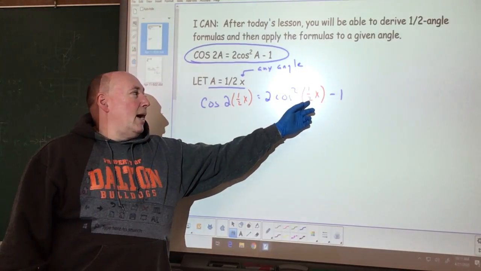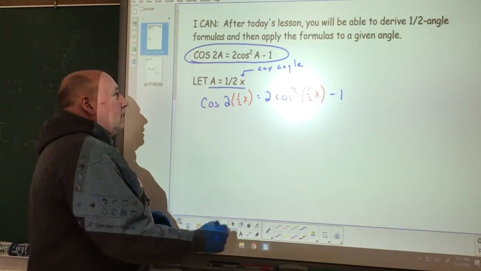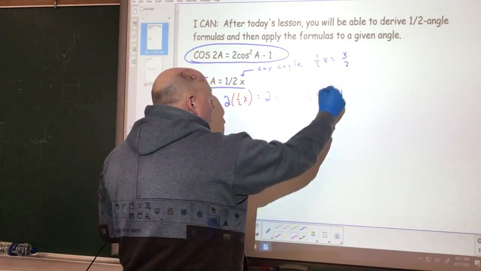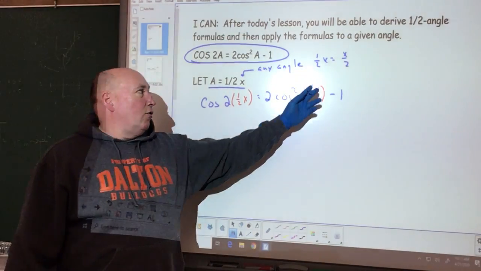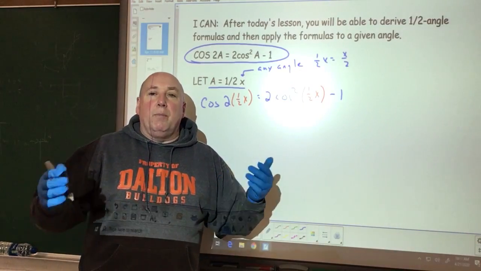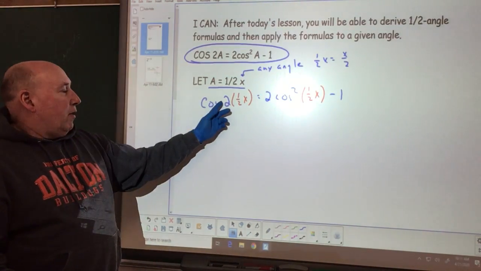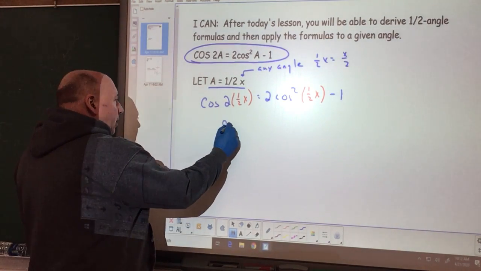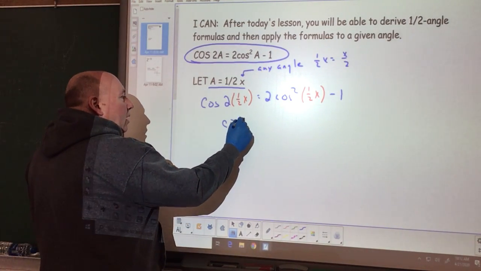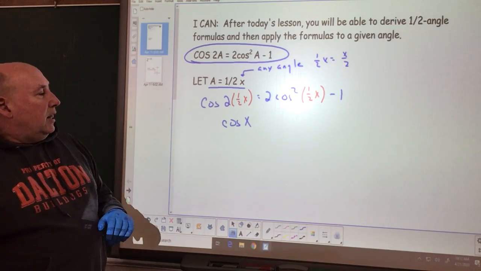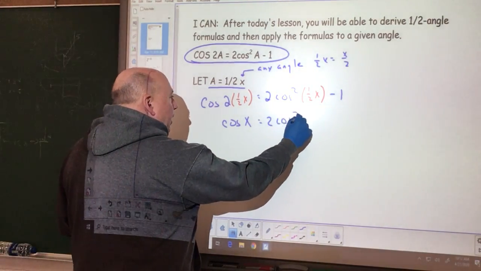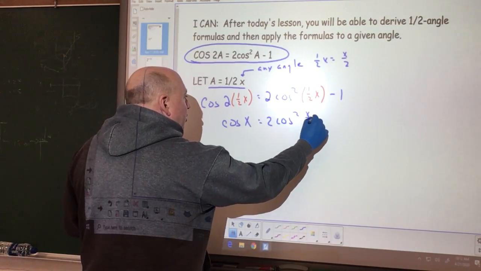Now we can multiply by a half, or we can also write 1/2 x as x over 2. When I divide by 2, I get 1/2 x. Well, if I multiply 2 times 1/2, they go bye-bye. So we're left with cosine of just x is equal to 2 cosine squared x over 2 minus 1.